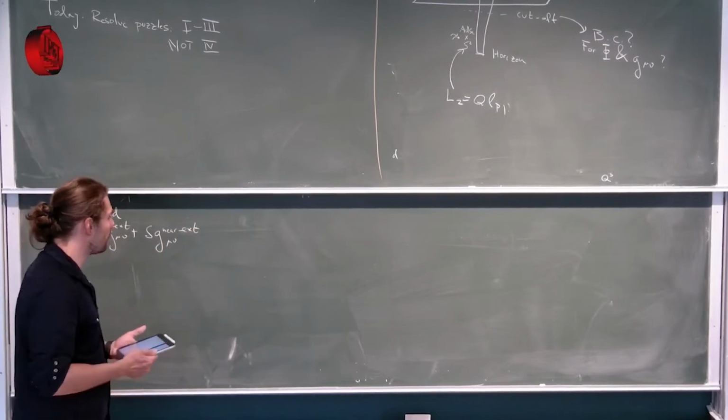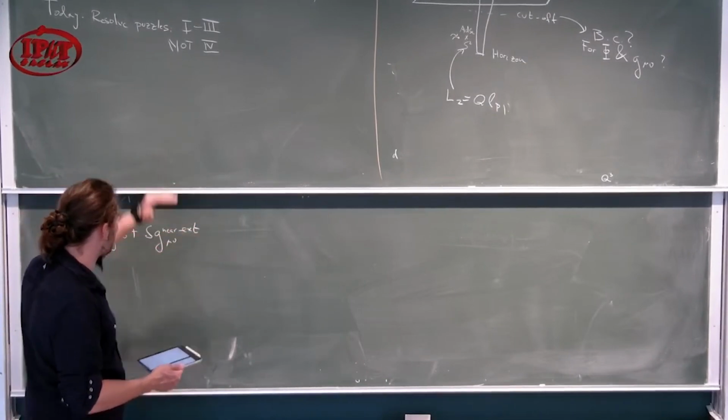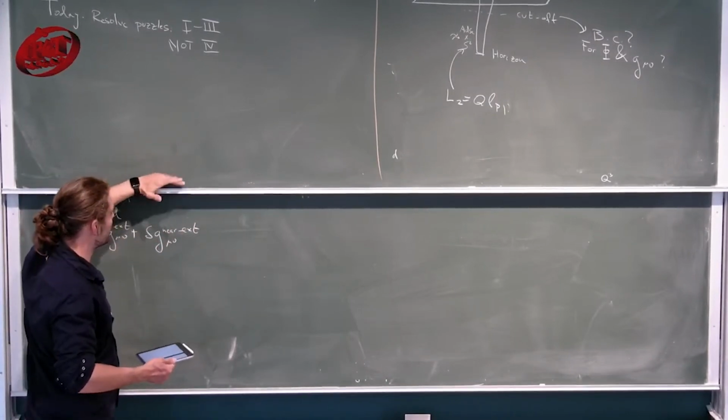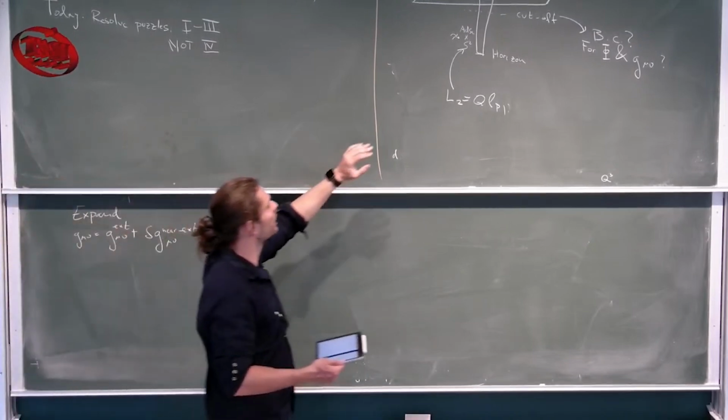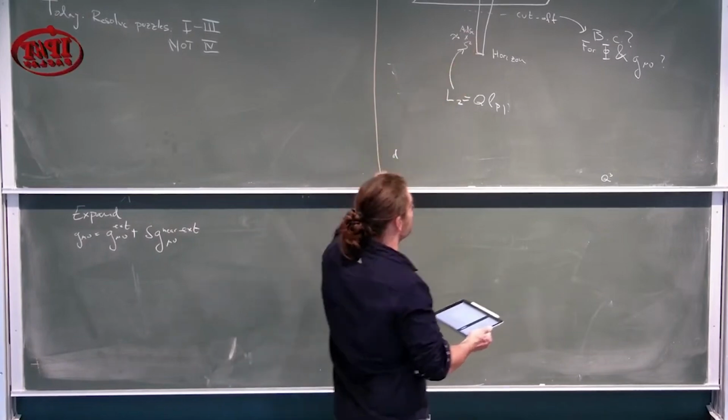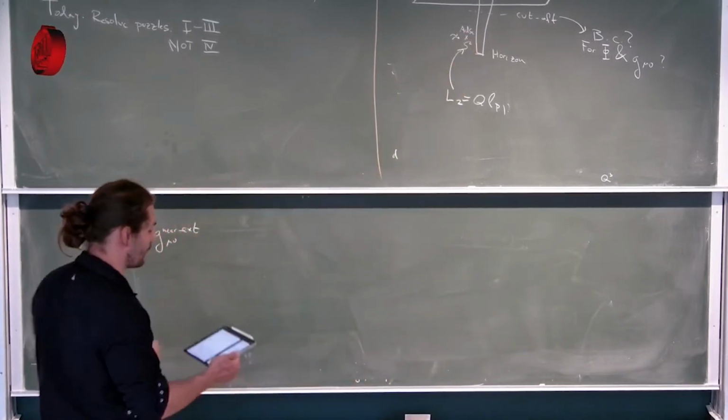So what we want to understand is what happens if we deviate a little bit from extremality. What boundary conditions, how is the boundary condition for the metric at the edge of AdS2 correlated with the boundary condition for the dilaton?